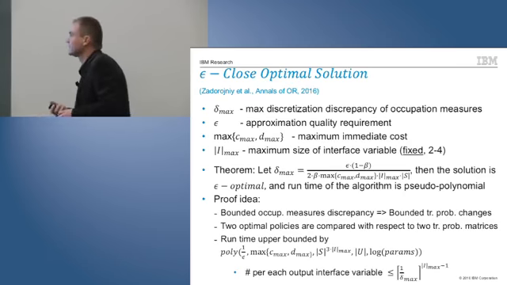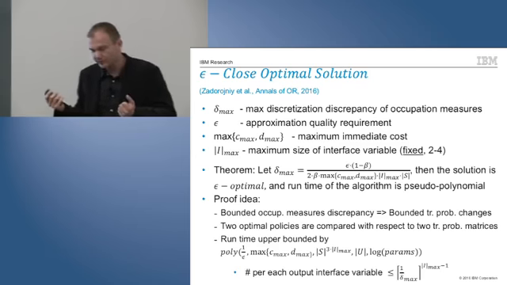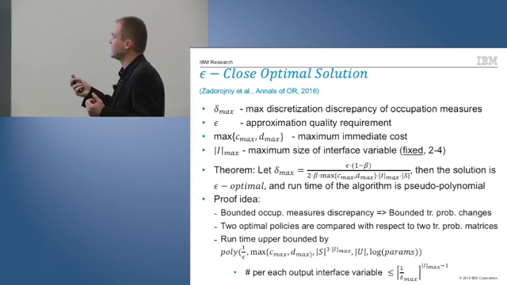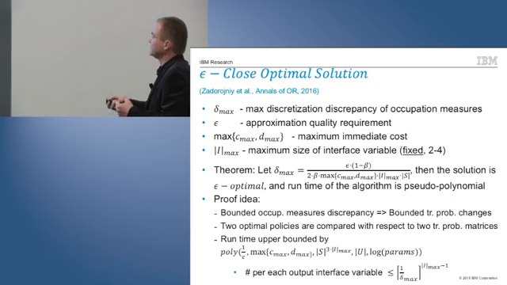We proved that our algorithm finds an epsilon-optimal policy. Epsilon-optimal means that, given a requirement that the solution must be at most epsilon from the optimal value, the algorithm must find this solution, and the runtime of the algorithm is pseudo-polynomial.